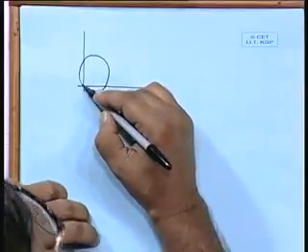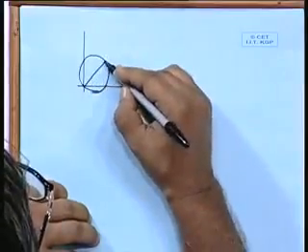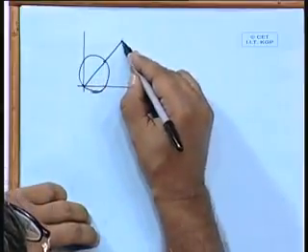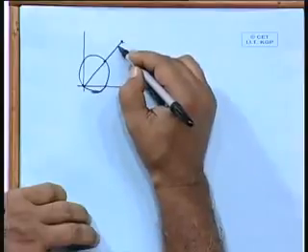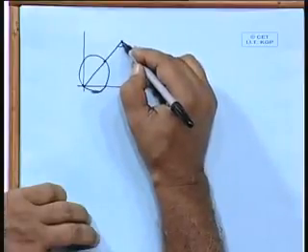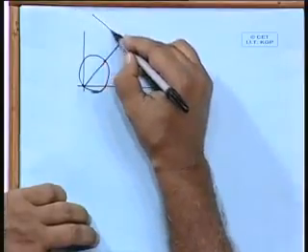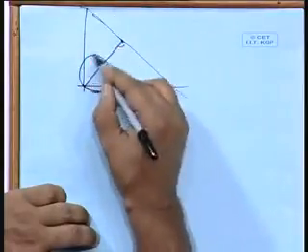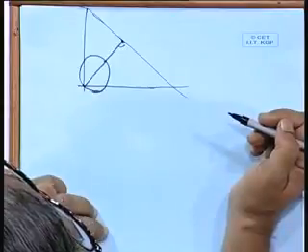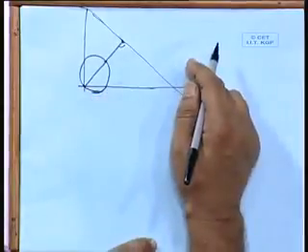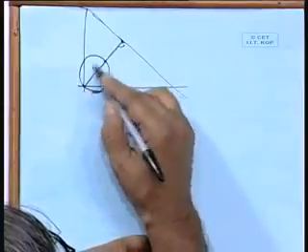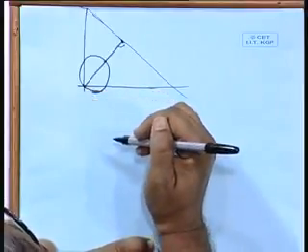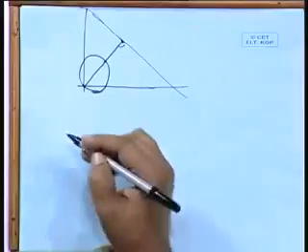Draw a diameter through the origin, then extend it, take the inverse of the diameter, whatever be that you need, and then drop a perpendicular on this line at this point. So, this will be the straight line which will be the inverse of this circle, all right. So, inverse of a circle is a straight line if the circle touches the origin.